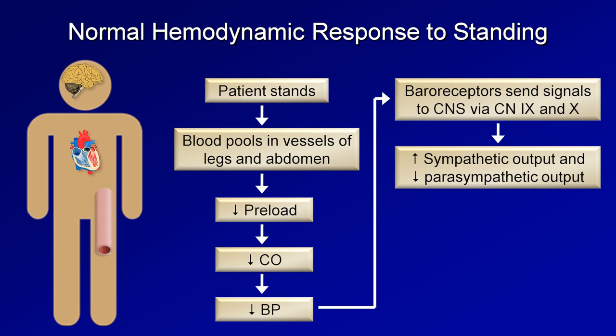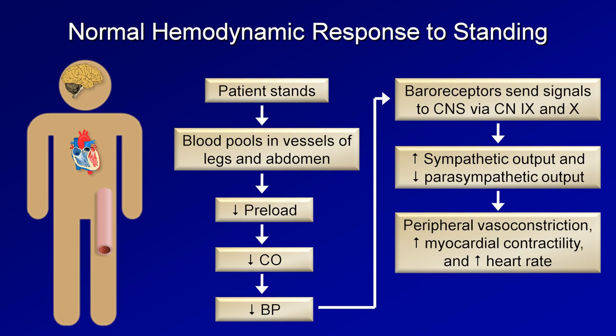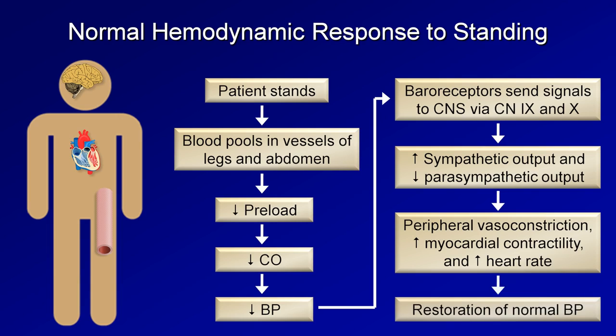This combination results in a peripheral vasoconstriction, increased myocardial contractility, and increased heart rate, the net result of which is increased blood pressure. Any problem in that series of steps can lead to orthostasis.